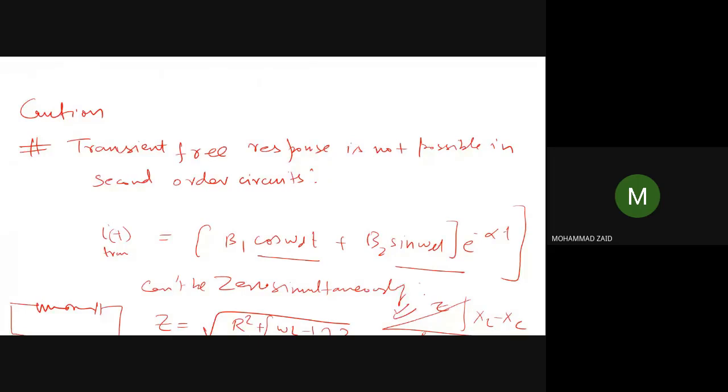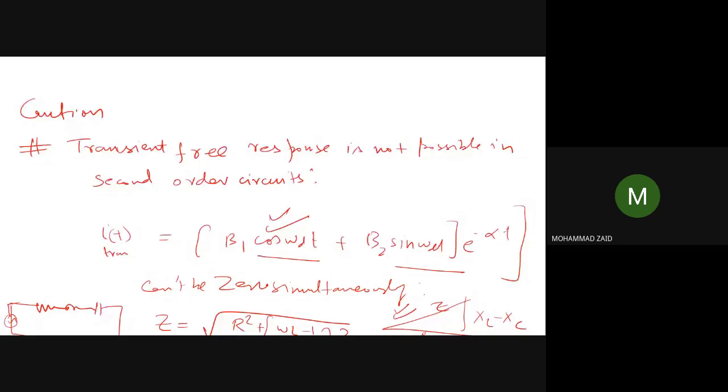If you have a sinusoidal excitation, the transient response will remain the same as in the case of DC. You have calculated the transient response, and the transient response for AC will also remain the same. Hence, transient free operation is not possible in the case of a second order circuit, because cos and sine will not be zero.